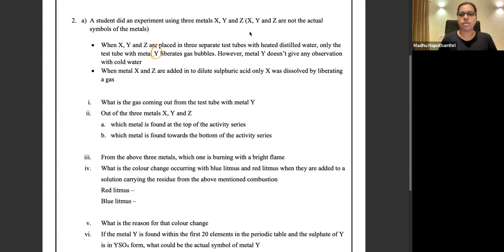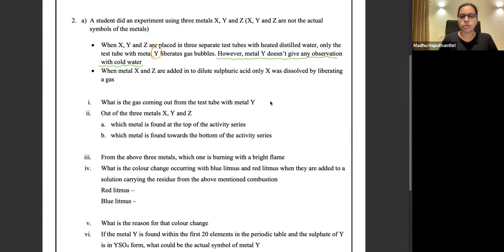A small adjustment was done to this question. Please add this statement to your paper. However, metal Y doesn't give any observation with cold water. That is a newly added part. Right? So take this in. However, metal Y doesn't give any observation with cold water.